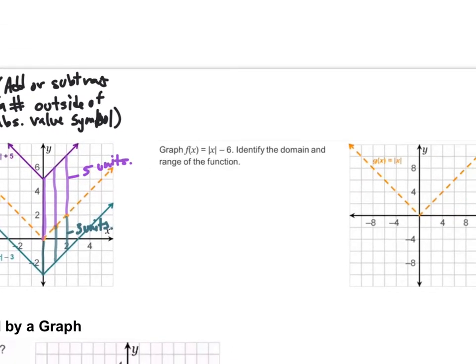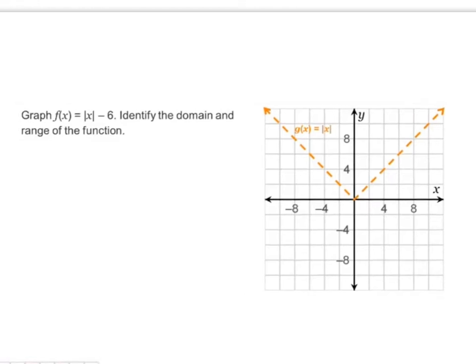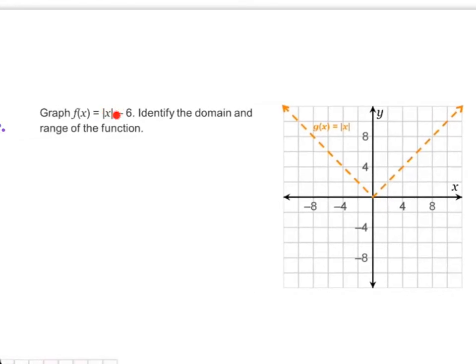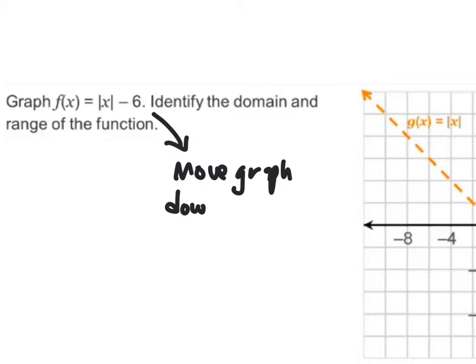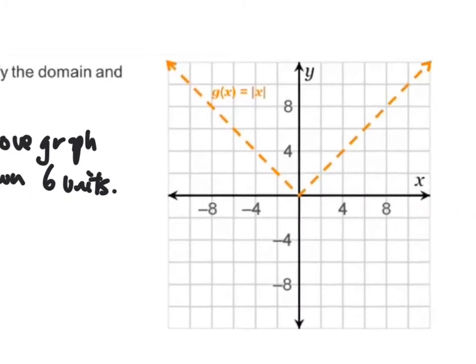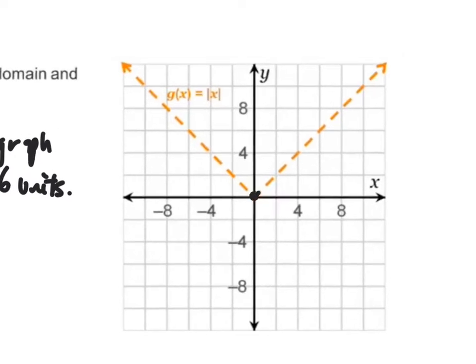Let's go ahead and graph the function f of x equals the absolute value of x minus 6. Because you have a minus 6 here, this is going to move the graph down 6 units. I have the point 0, 0, and I'm going to move that point down 6 units, going by 2, 4, 6.